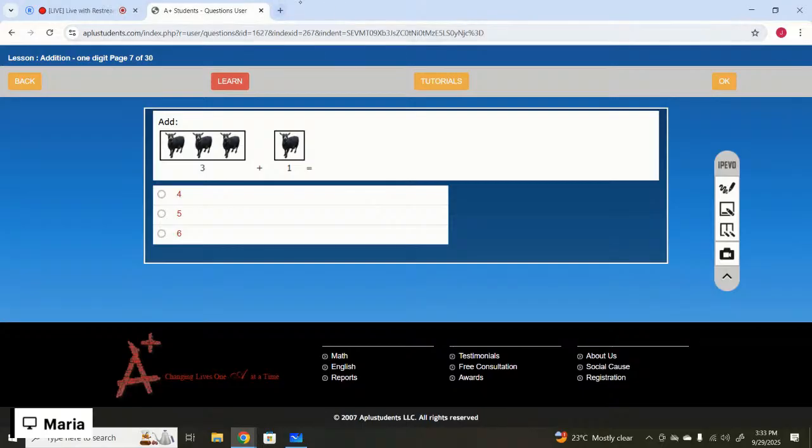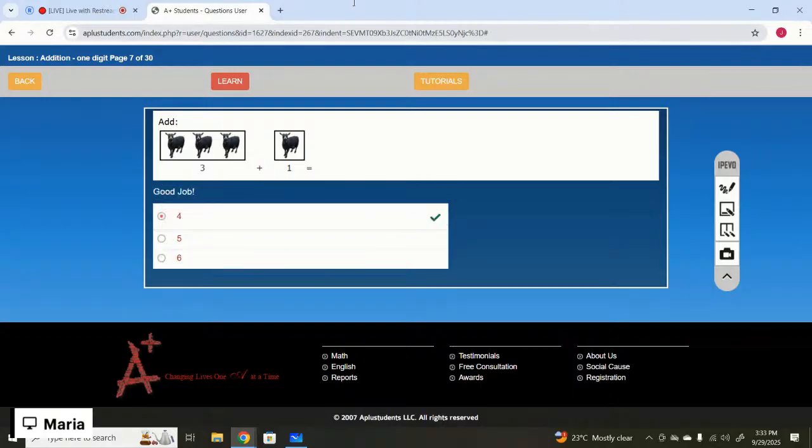Add 3 plus 1. 1, 2, 3, 4. The correct option is 4. Option number 1 is the correct option.